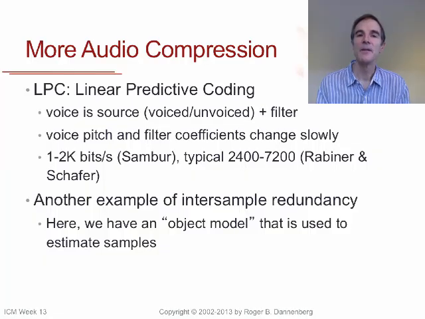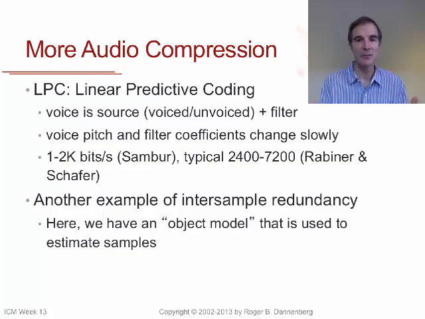Here, the voice is regarded as a source plus filter. We know that in speech, pitch and filter coefficients change relatively slowly. They represent muscle movement of a single speaker, and so there are limits to the data rate there.